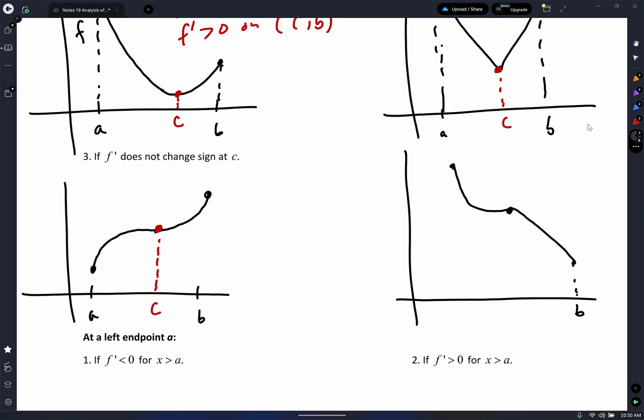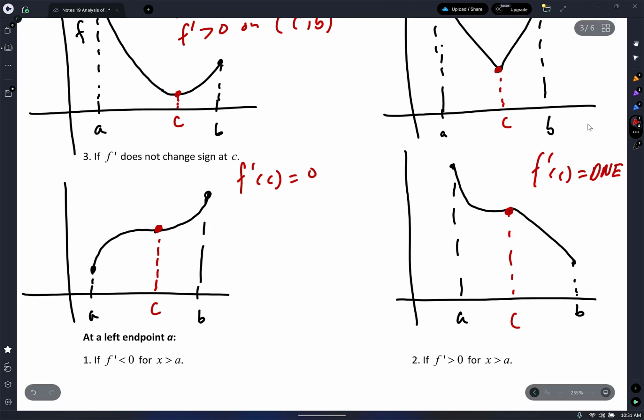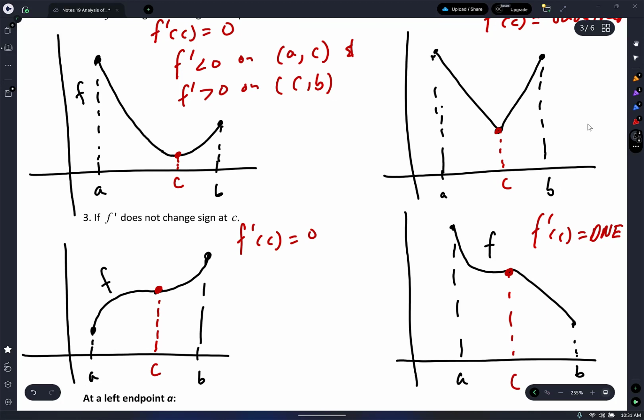On this one, F prime of C does not exist. And on this one, F prime of C equals 0. This is a graph of F.